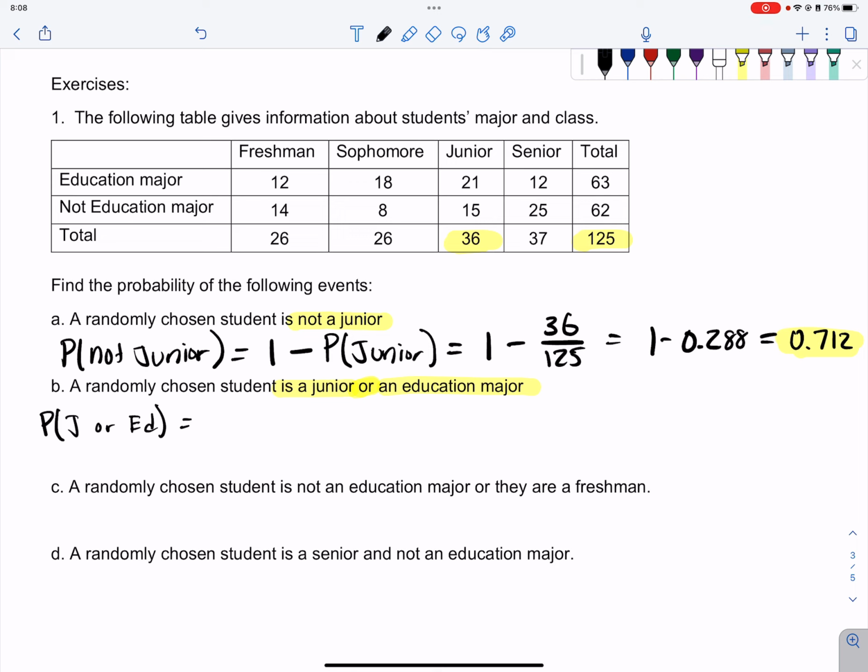So we want all of our students that are either junior or education or both. With this, we are going to use our addition rule. So we want our probability of junior plus the probability that they're education minus the probability that they are both of those two things.